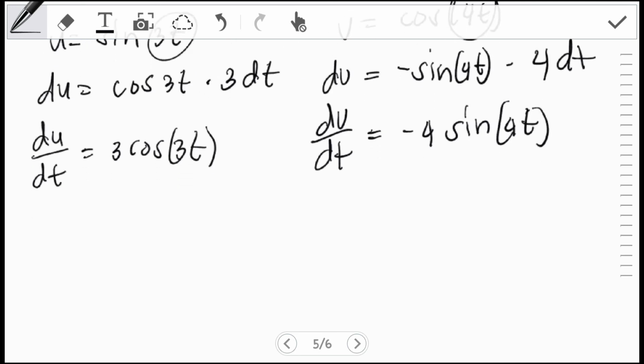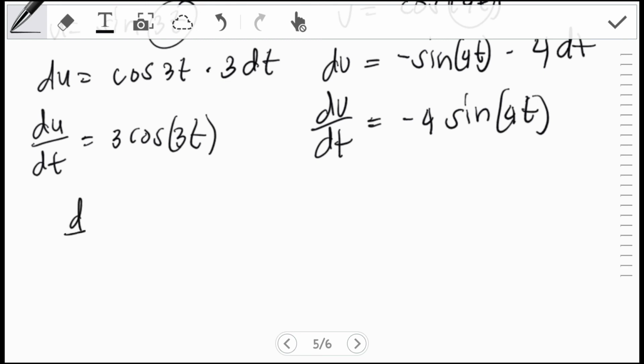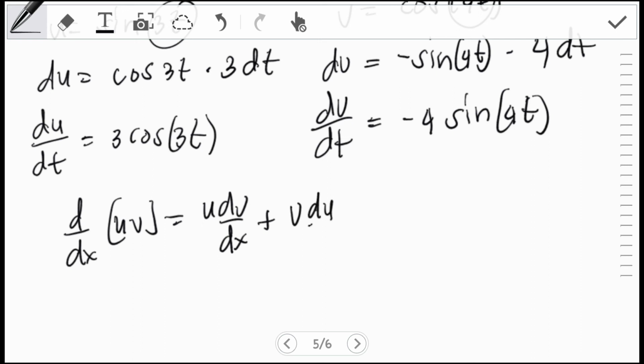Again, apply this formula: d over dx of uv equals u dv over dx plus v du over dx.